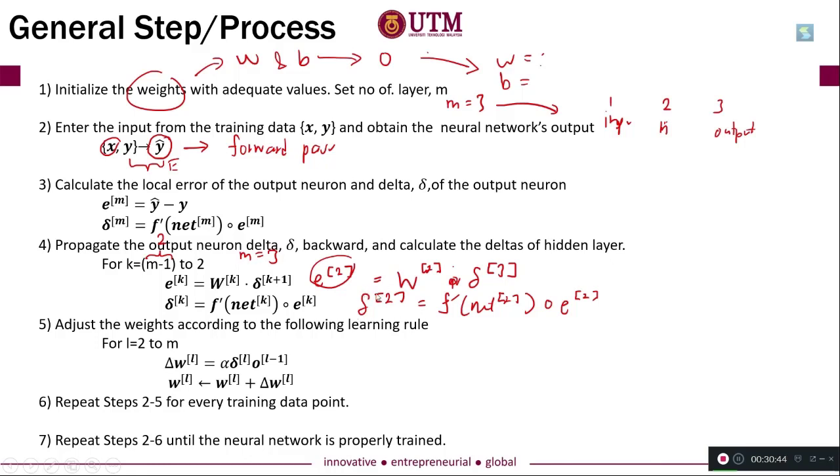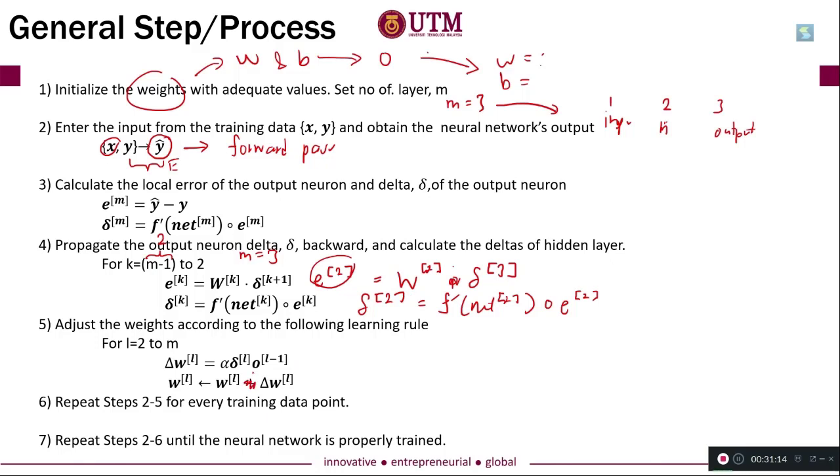Once you get the delta of your hidden layer, then step number 5, you can adjust the weights according to the following learning rule. Of course, this is gradient descent. Once you know your W for each layer, you have your delta 3 and delta 2, then you can compute the update and update W. Sorry, this should be minus.